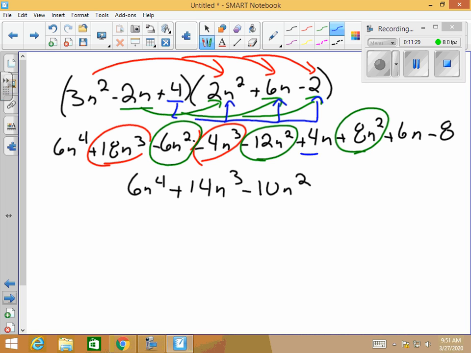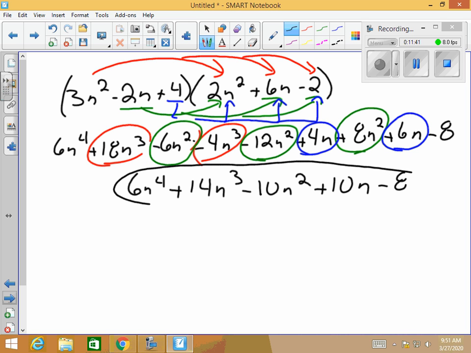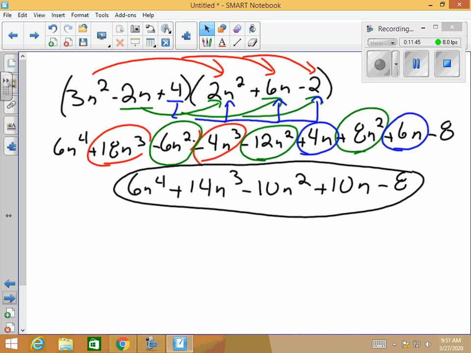And then I've got an n term here, an n term there, and 4 and 6 is a positive 10n, and all I'm left with now is 8, and that is a negative 8. So, as you can see, something that's a little bit longer, it's just time and time again. Don't fret about it, just work it step by step.